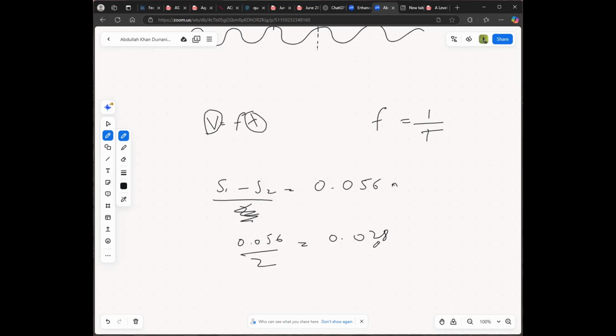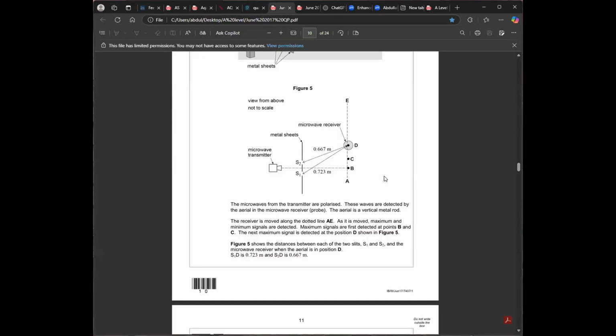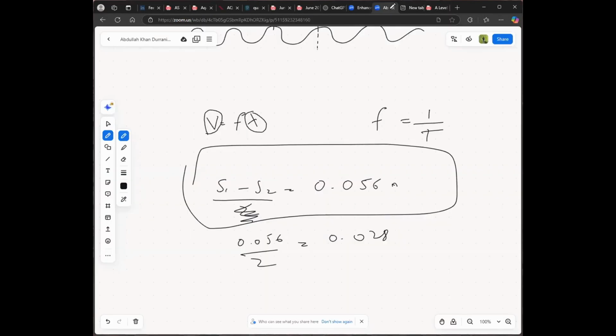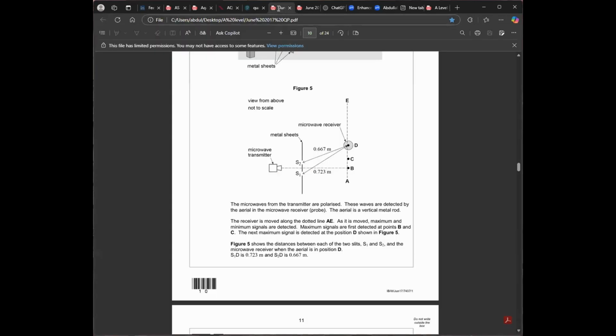So basically, this is the path difference that you got. And then because it's second order, the path difference is 2 lambda. So 0.056 is actually equal to 2 lambda, right?